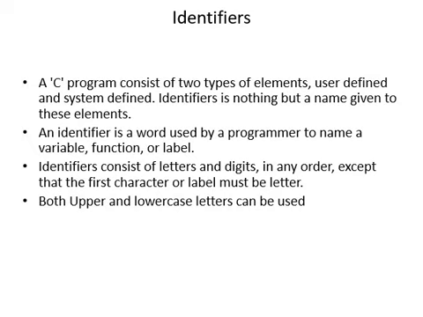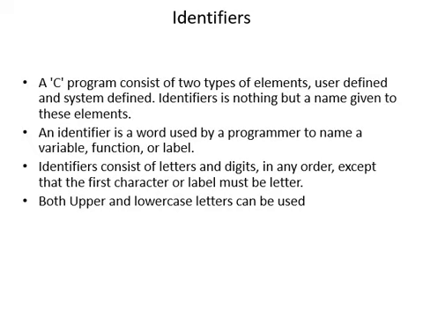Now, what we call the identifier. There are two types of elements that we have in C language: user defined and system defined. An identifier is nothing but a name given to these user defined and system defined elements. An identifier is a word used by a programmer to name a variable, function, or label. Identifiers consist of letters and digits in any order, except that the first character must be a letter.